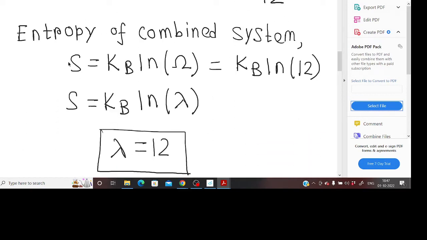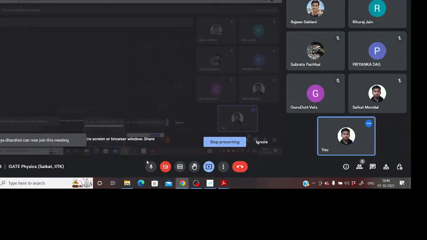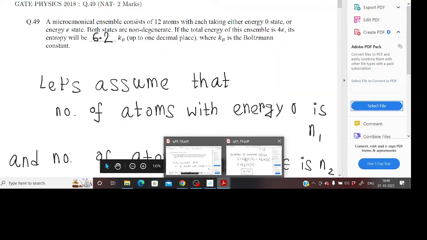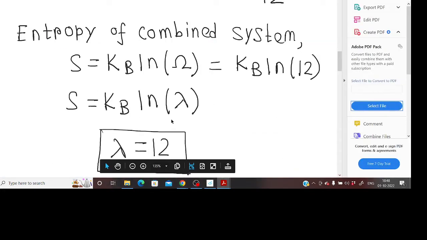Okay, so the entropy of the combined system is given by kb log omega, and here omega is equal to 12.